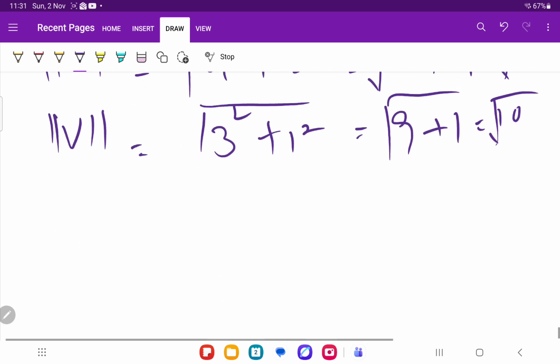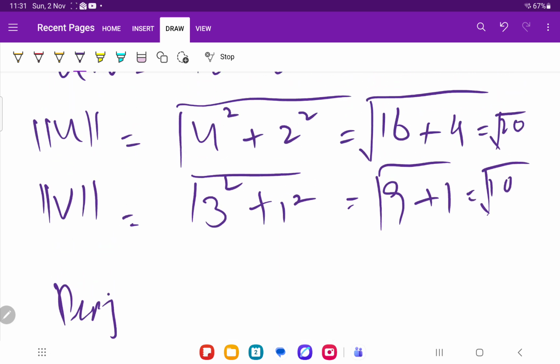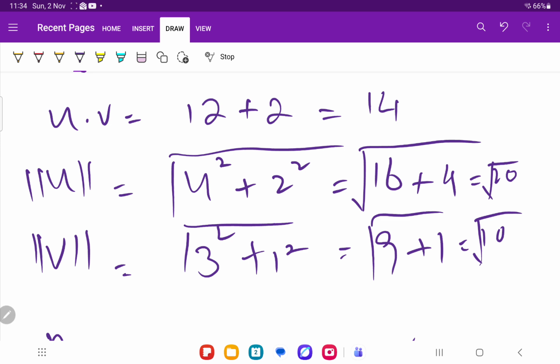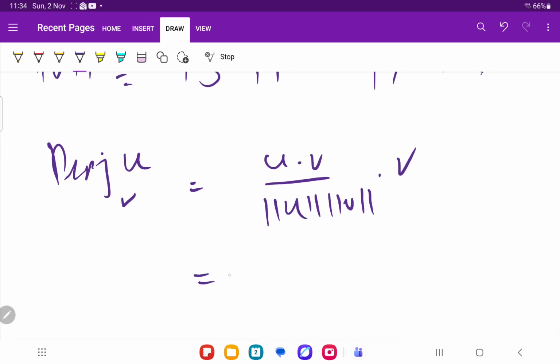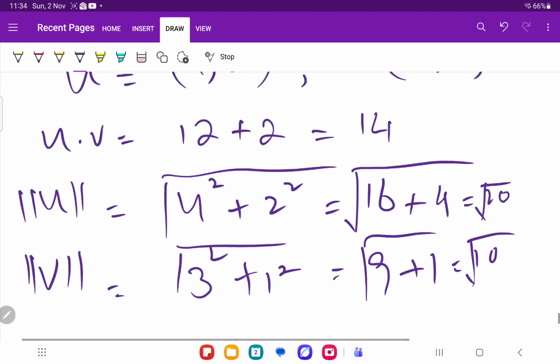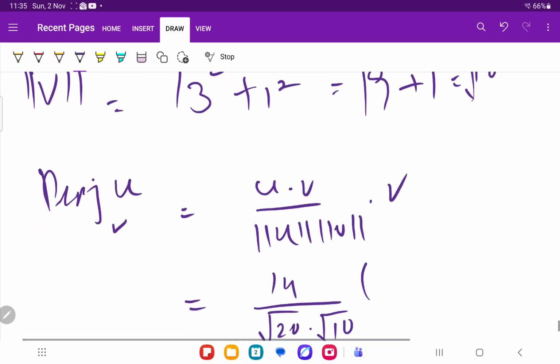Now the projection of u on v. So here is the projection formula. U dot v is 14. The norm of u is square root of 20 and the norm of v is square root of 10, and v is 3 1.